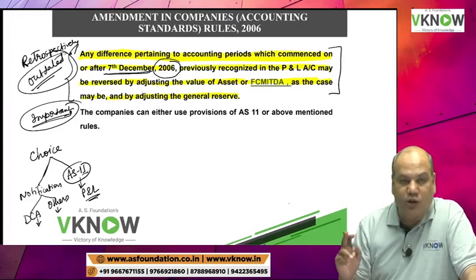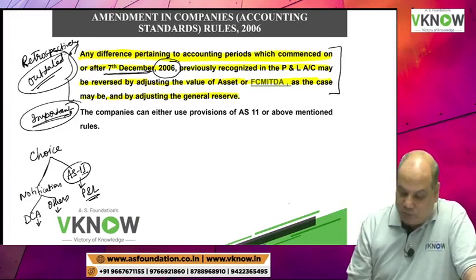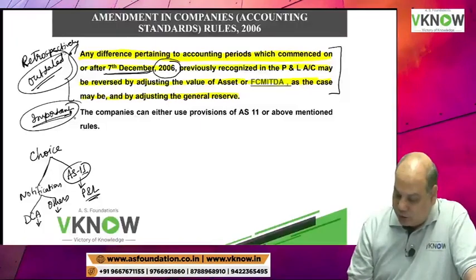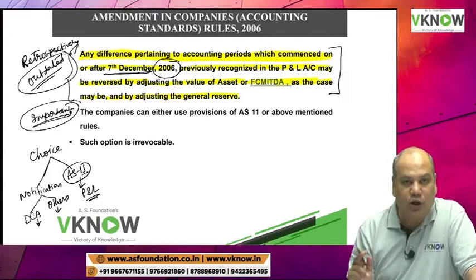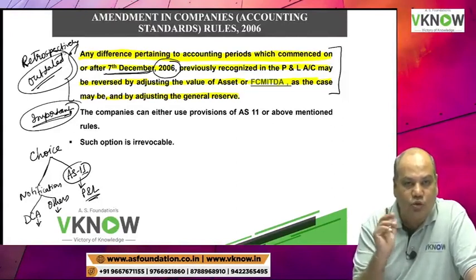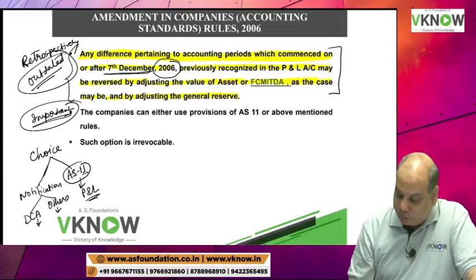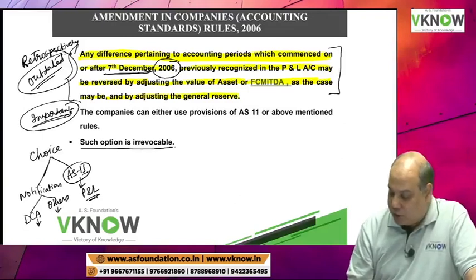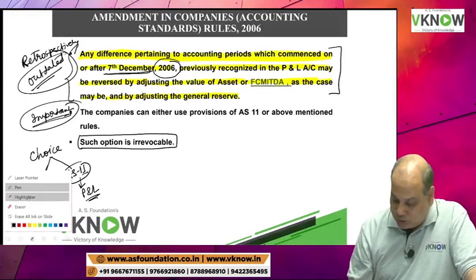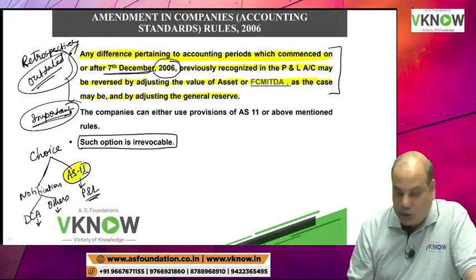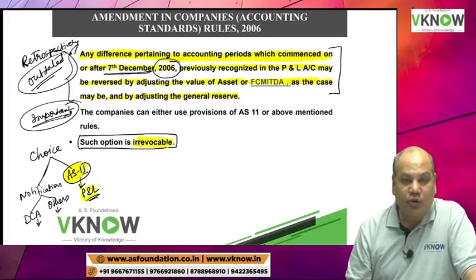So this notification was not forced on the company. It was voluntary. Those who want to adopt it can adopt it, and those who don't want to may not. But once you make a choice, suppose you say to the government that you want to continue to follow AS-11, then it is an irrevocable choice.